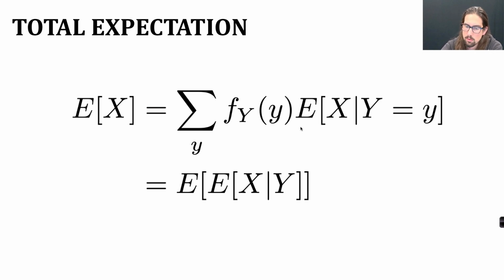But think of this as a new variable z, where I put in y, and then this tells me what z is, and then here we have the expectation of z. So we've shown that this follows through like this.